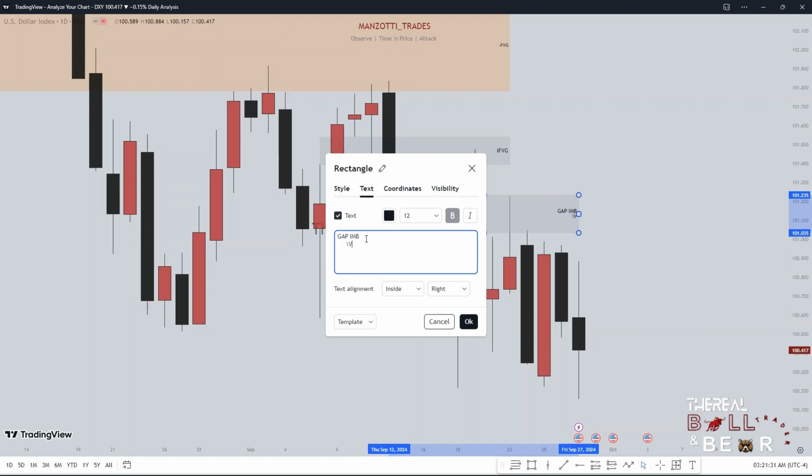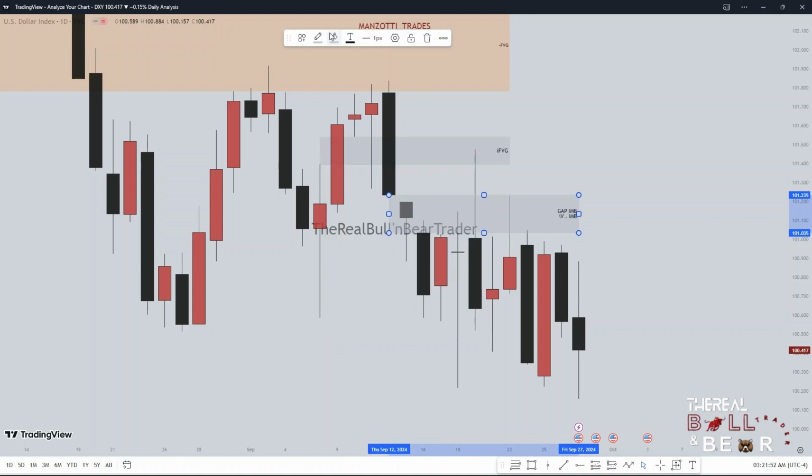And volume imbalance. I hope we can understand. Right, so yeah, I've highlighted there. So it's a gap imbalance and volume imbalance there.